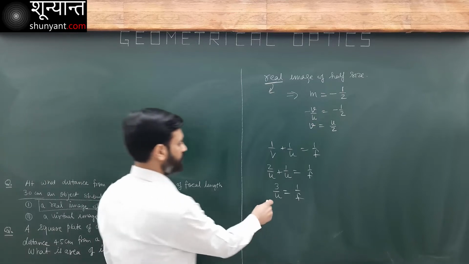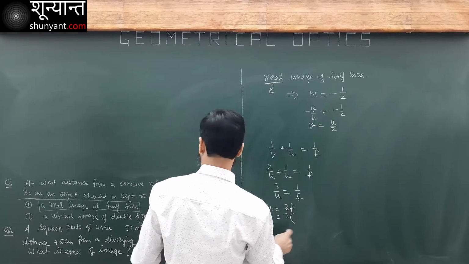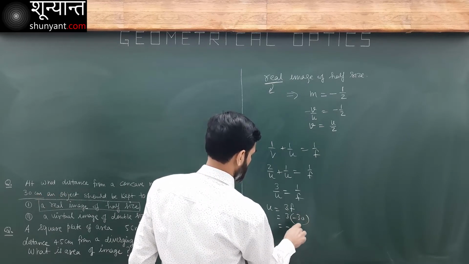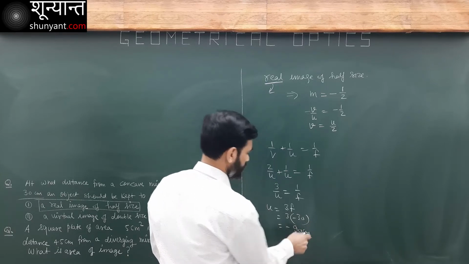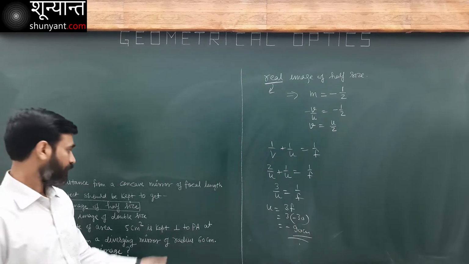So what is u? 3f. 3 times the focal length, which is 30, so minus 90 centimeter. That's how we do it. Now do the next one.